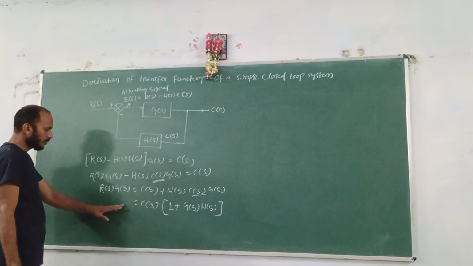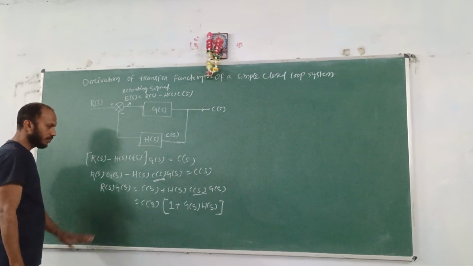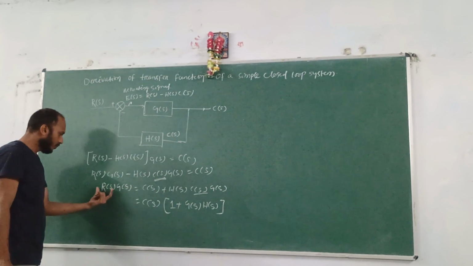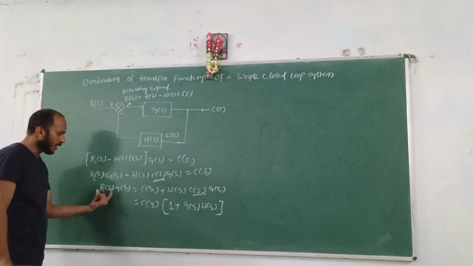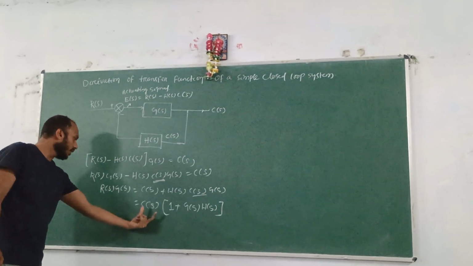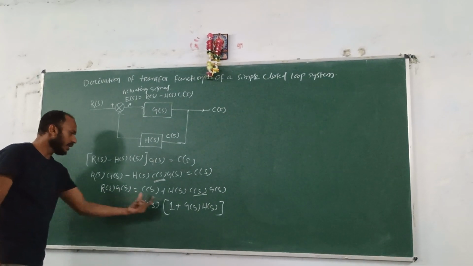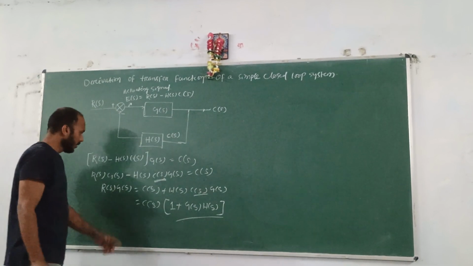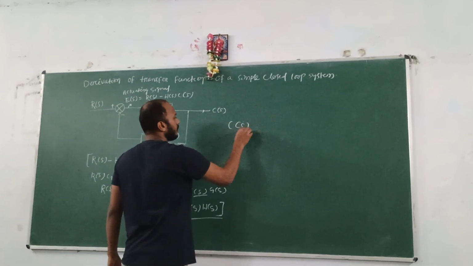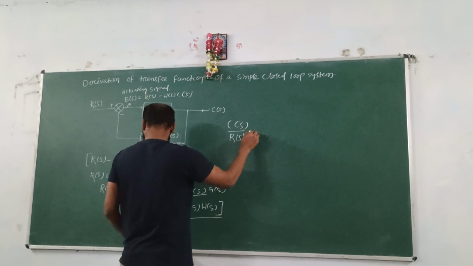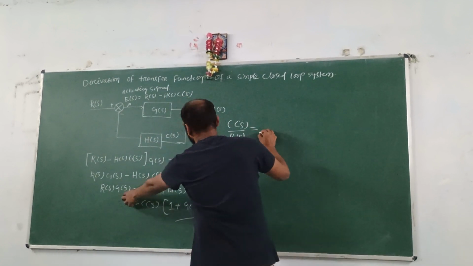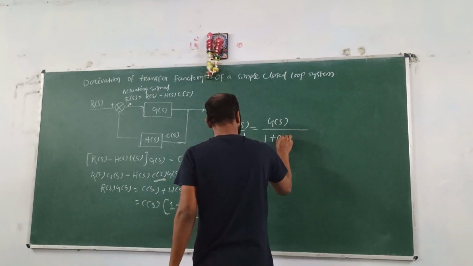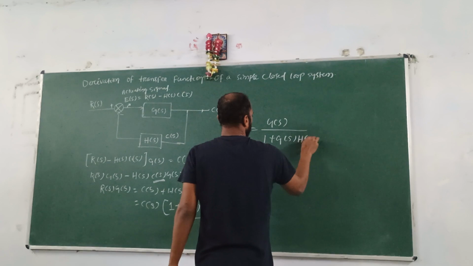To find the transfer function, we simply do C(S) by R(S). Moving R(S) multiplied on this side, the terms divide, so C(S) by R(S) is G(S) divided by 1 plus G(S) H(S).